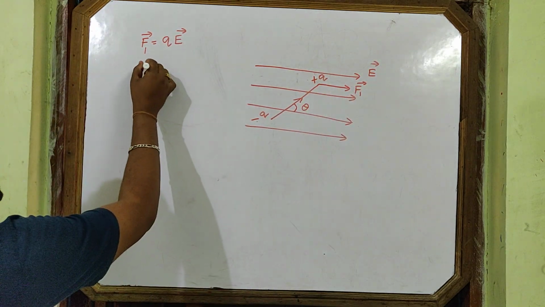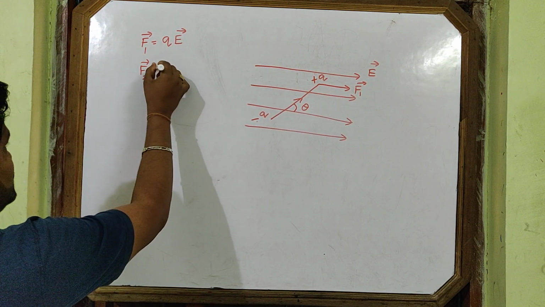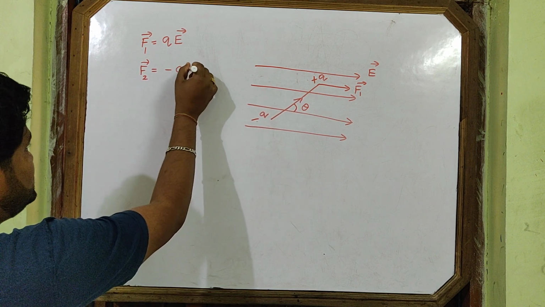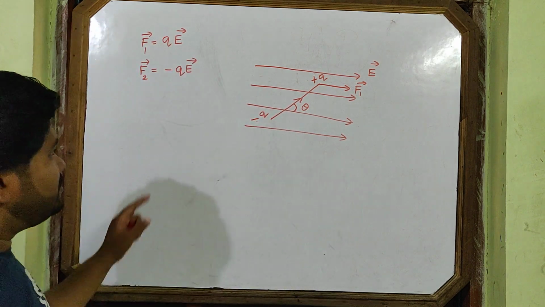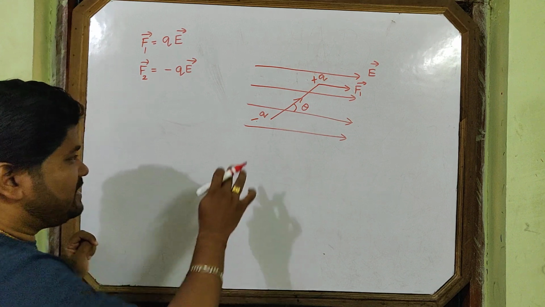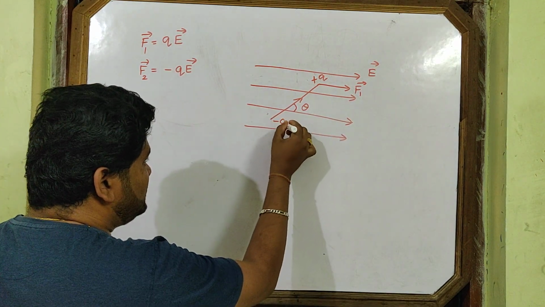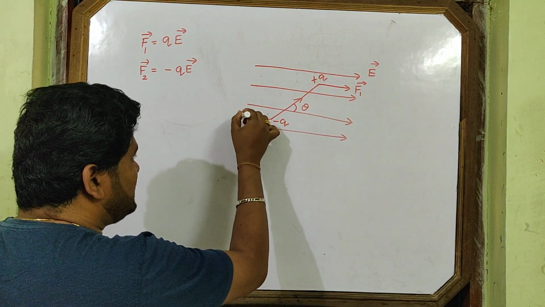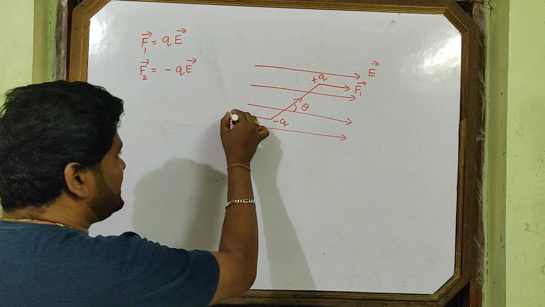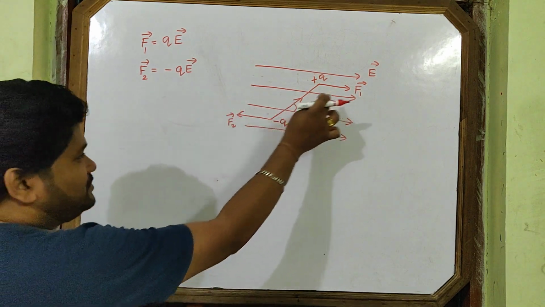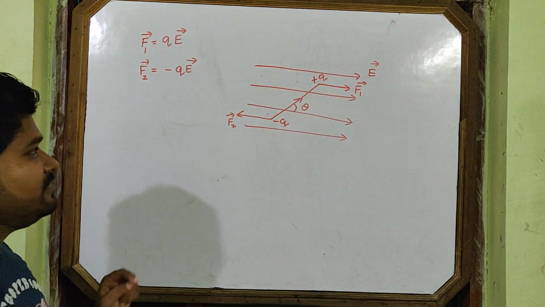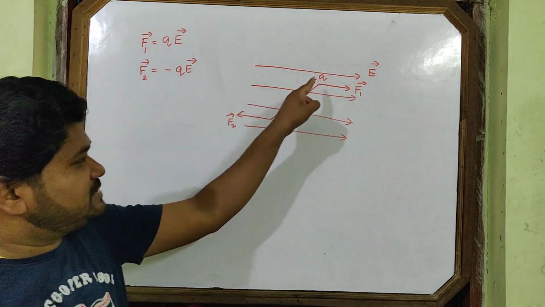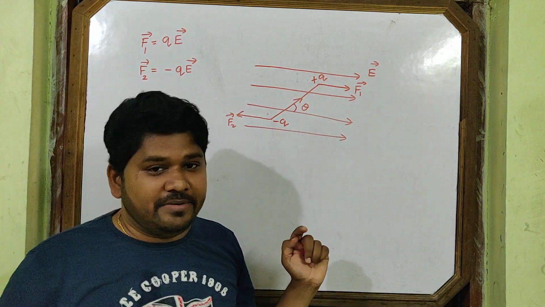What is the force experienced by minus q? Minus qE. So this minus sign indicates force and electric field are in opposite directions. If the charge is negative, the force is opposite to the electric field. So these are the two forces experienced by the two charged particles individually.